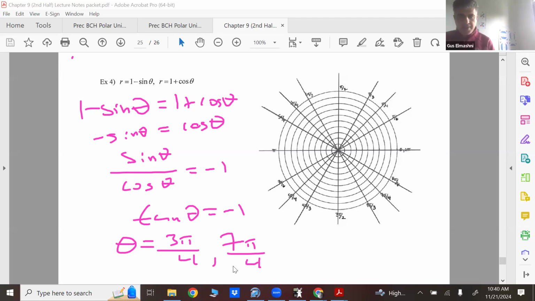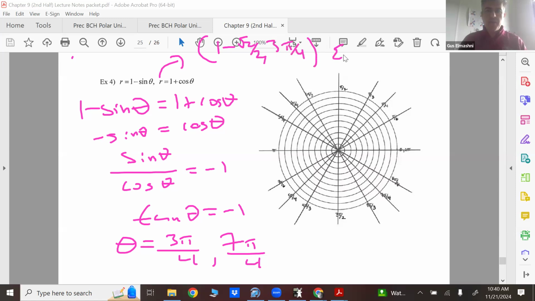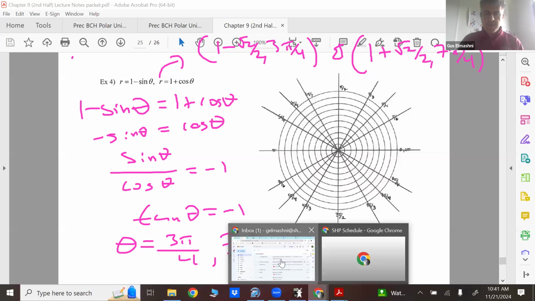When you plug those in, that's going to get a little bit nasty, but you could say the points of intersection are, by plugging 3 pi over 4 into this, 1 minus √2 over 2, comma 3 pi over 4, and 1 plus √2 over 2. Okay. And then I'm going to do some Desmos just for interest of time.